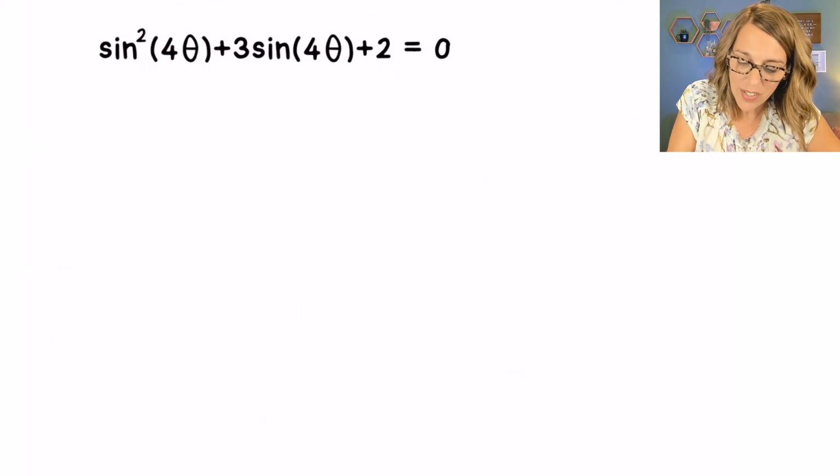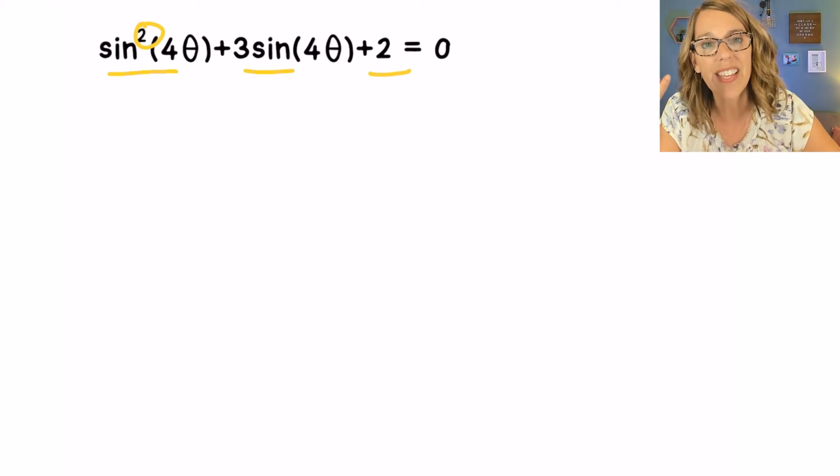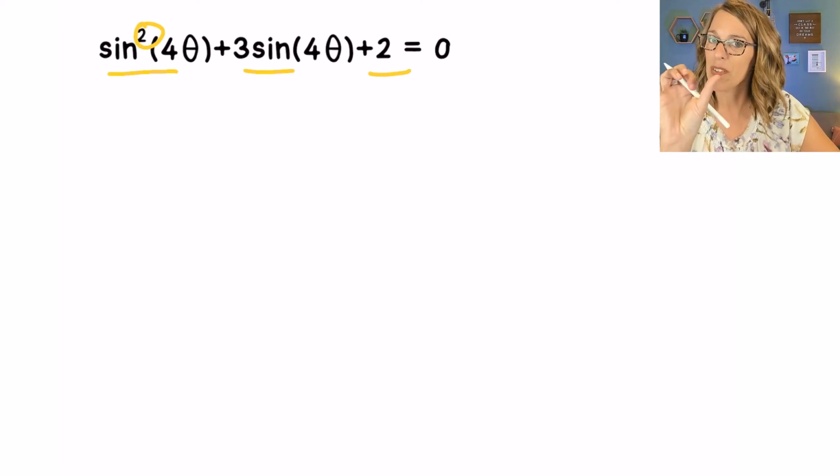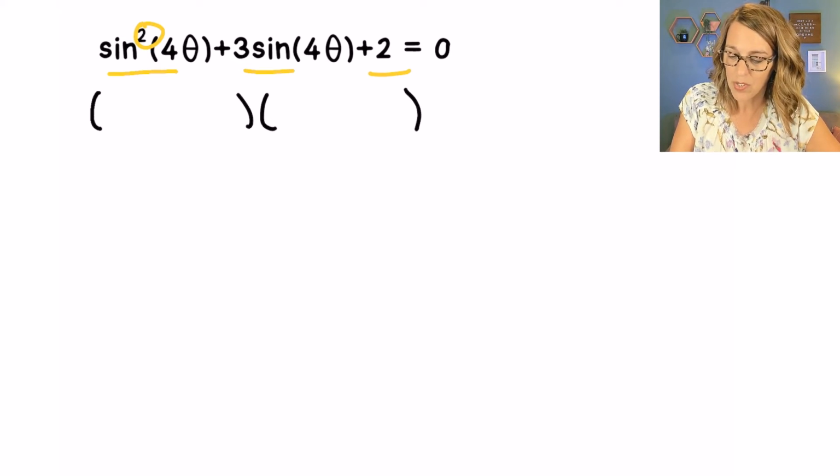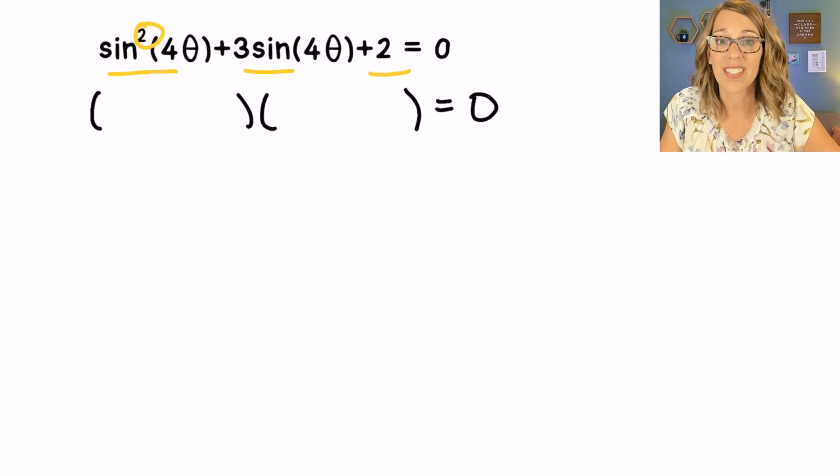In this one, I notice that I've got 3 terms, and that first term is squared. So I'm going to think of this as a trinomial, and I'm going to factor it into 2 binomials. So I'm going to have 2 values here times 2 values here equals 0.